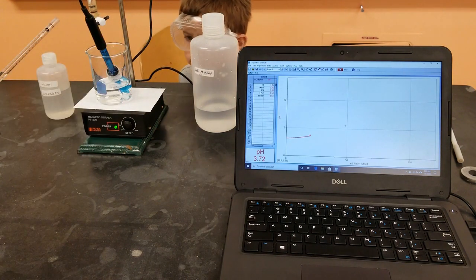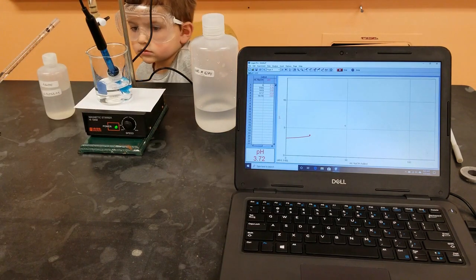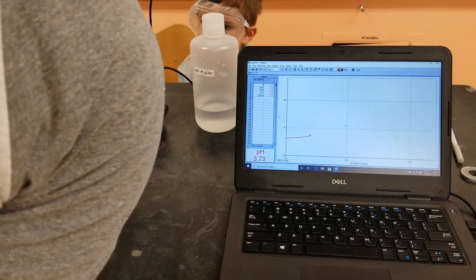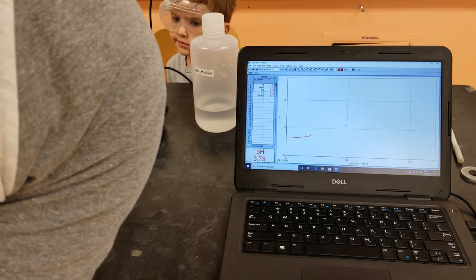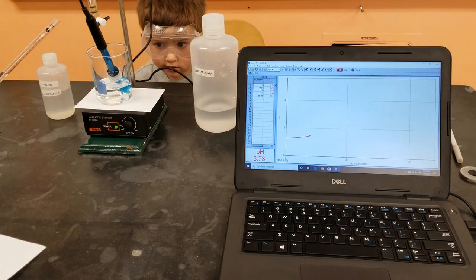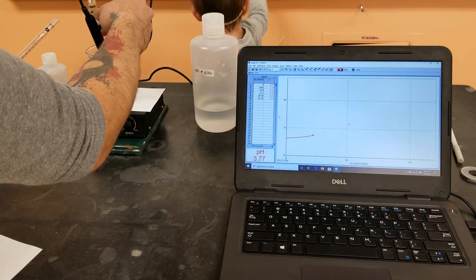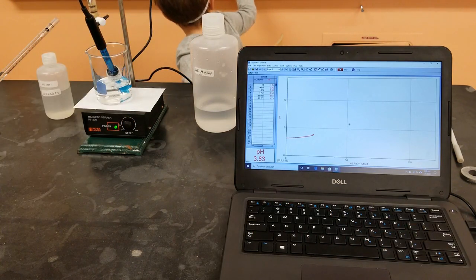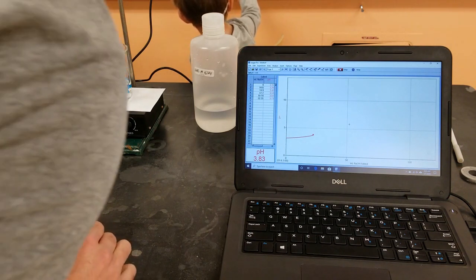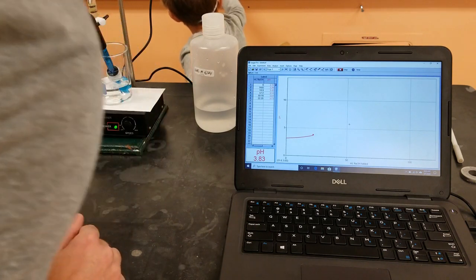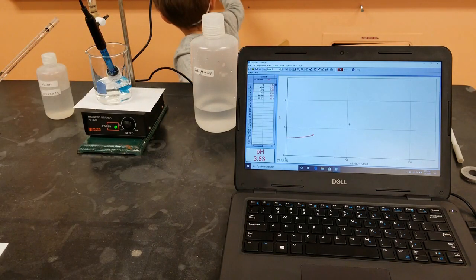The pH is now at 3.72, and the milliliters of base added, 22.35. We're now at a pH of 3.83, and it's been 24.48 milliliters.